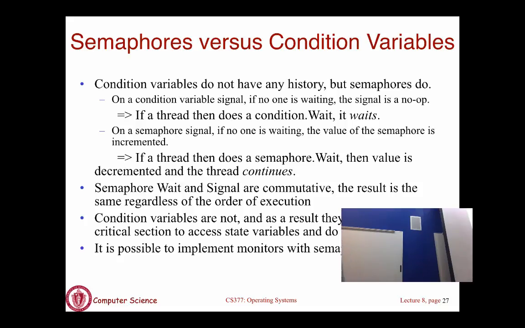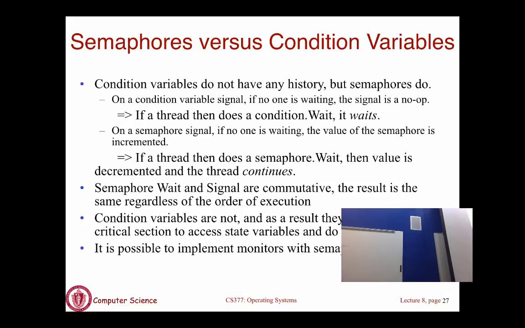Let's say you have some code where you start with the semaphore value initialized to 0, just to make it interesting. First, one thread calls wait. That makes the value go negative, so this will block.